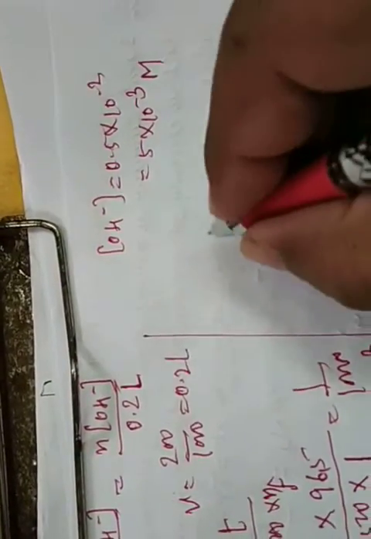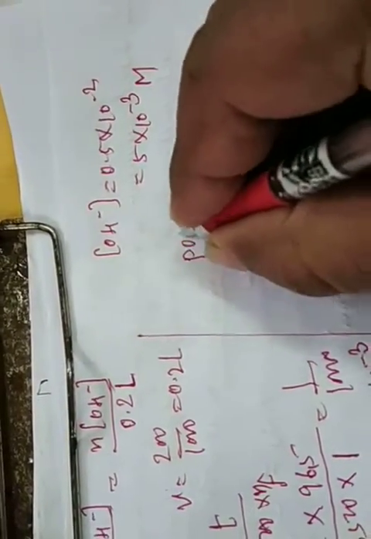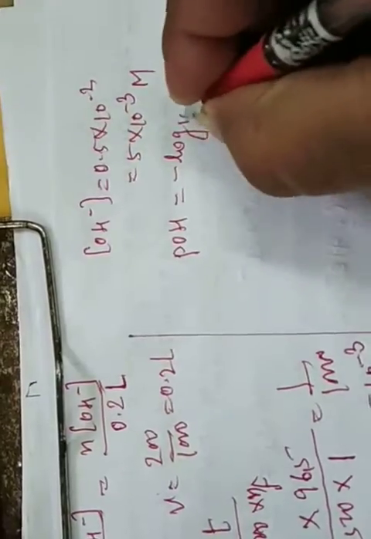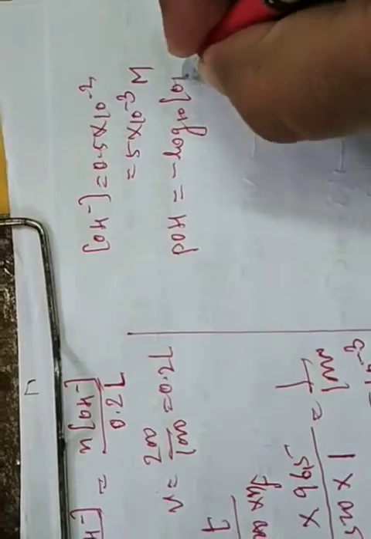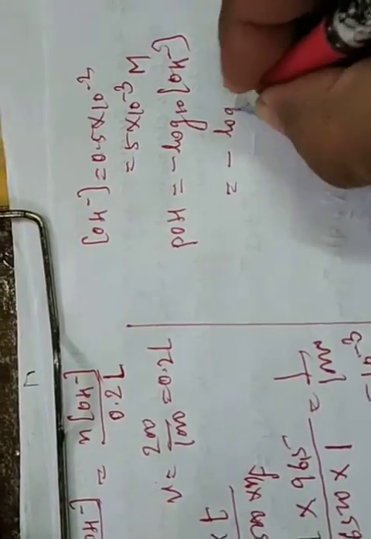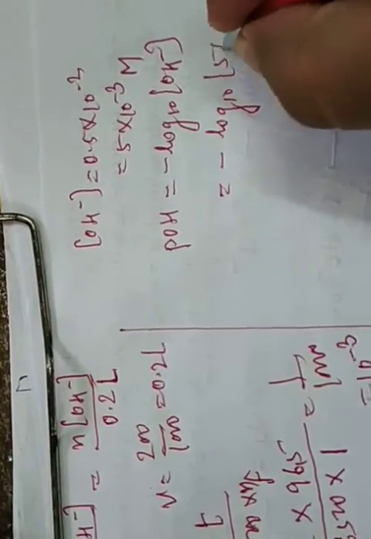Okay. Now first you find pOH. This is the formula, minus log of base 10 OH minus concentration. So now here minus log of base 10 OH, which is 5 into 10 to the power minus 3. Just you convert.